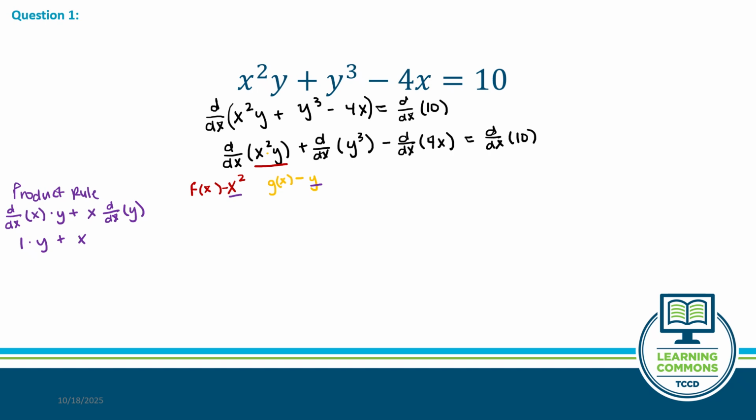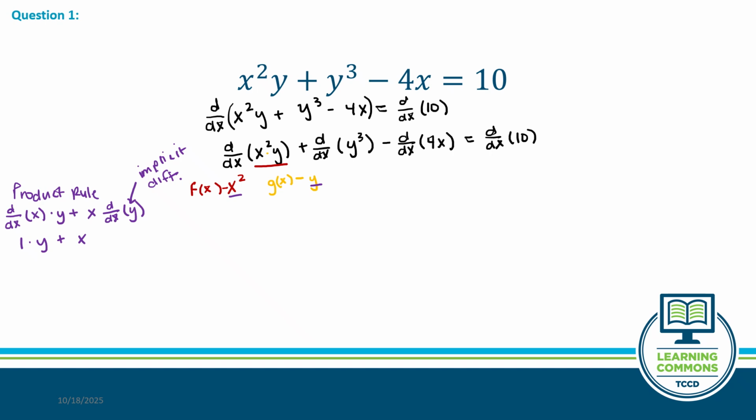Now, the derivative of y with respect to x. So this is where we are implicitly differentiating. Because there's a y here, you're still going to differentiate.